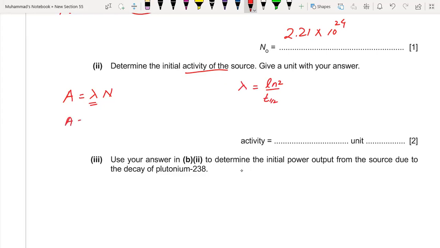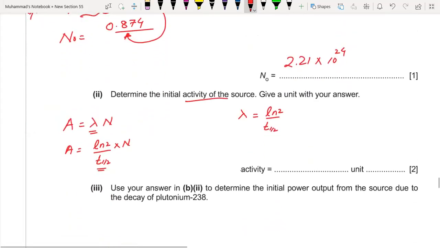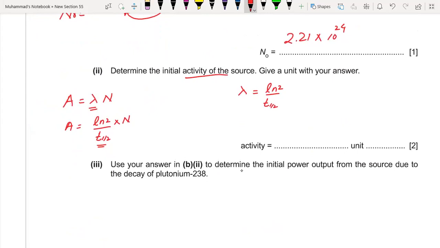So activity is ln2 divided by t half-life times N. Half-life is known to us, that is 87.7 years, and we have to convert this half-life into seconds so that we get activity in its standard unit.